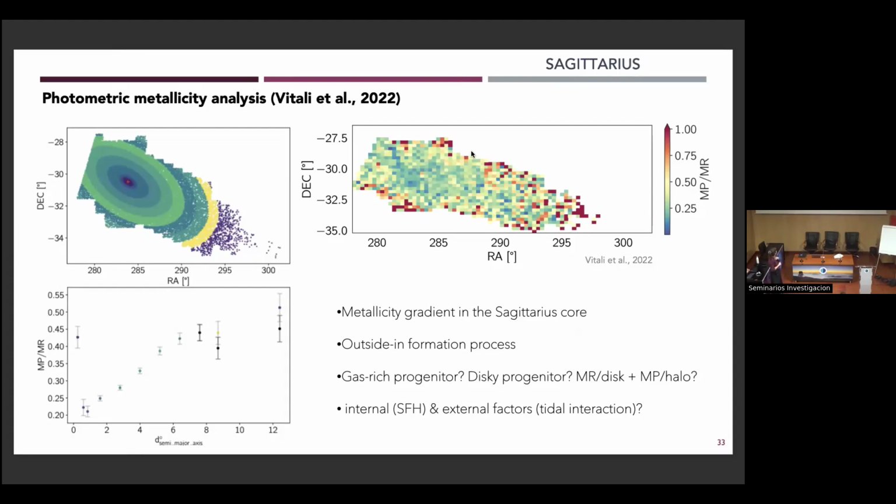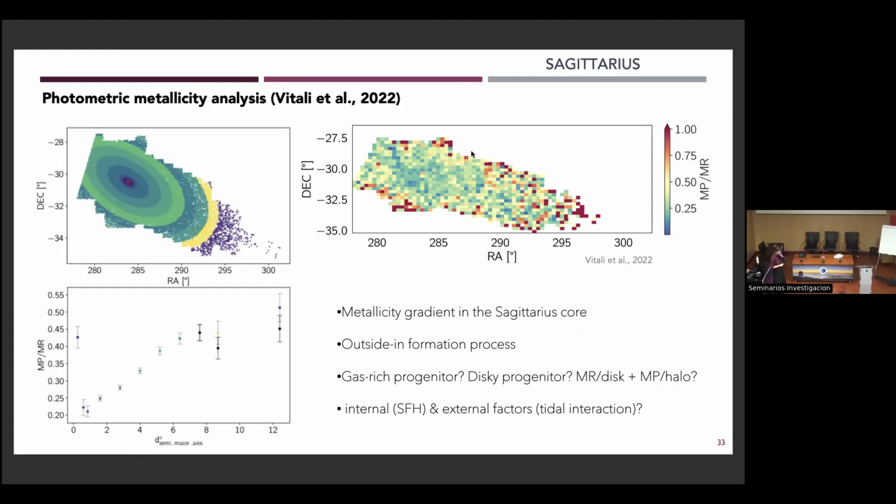So we divided Sagittarius into rings, and we computed the ratio of these two populations, moving along the semi-major axis. And what we found, which you can also see here in this metallicity map, is that the relative number of metal-poor stars grows when we move from the center towards the outskirts of the galaxy.